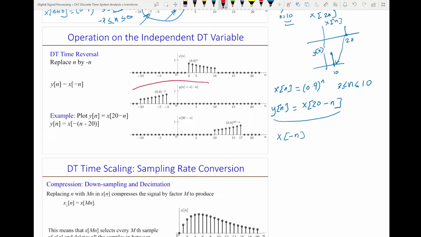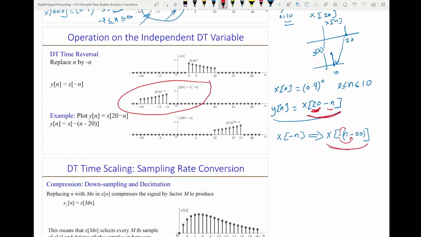It will be the same as this one. And then to get the 20 here, I can do the following. X of minus n minus 20. See, when you have minus times minus, you get plus 20, which is this. Minus times n, you get minus n. So this signal is exactly the signal we are after.